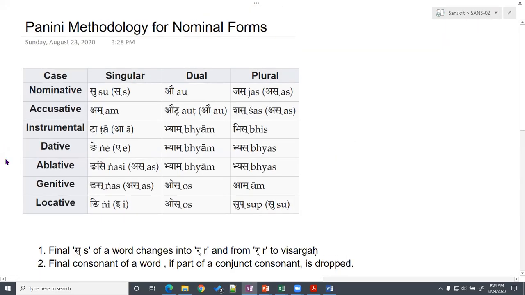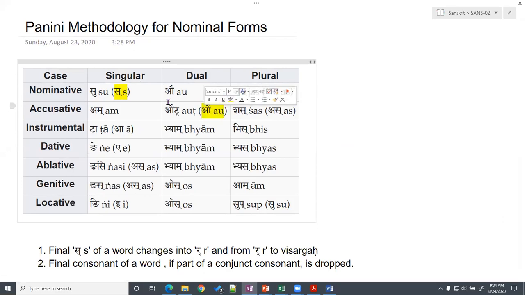So this is the set of suffixes which Panini uses. So you see, I'll just mark here some. So this is su, au, jas, and what you see in the bracket here, that is the form of the suffix which is actually used.